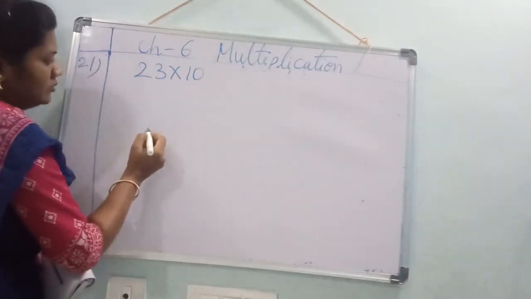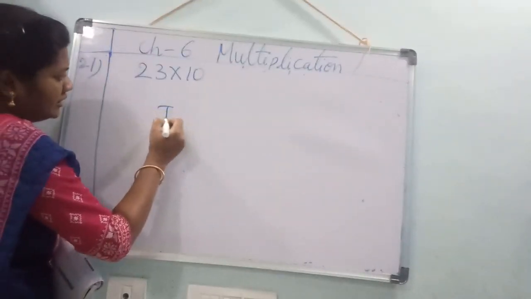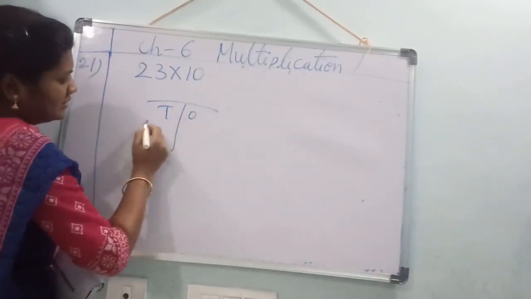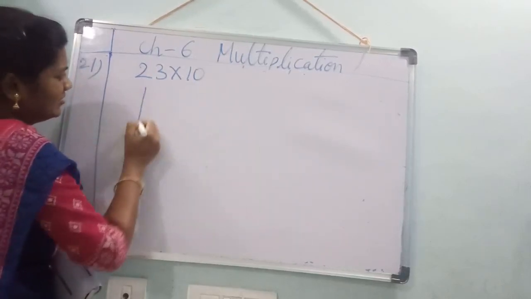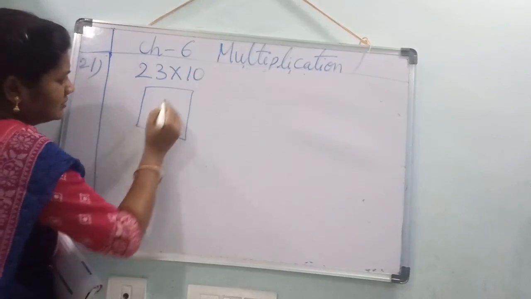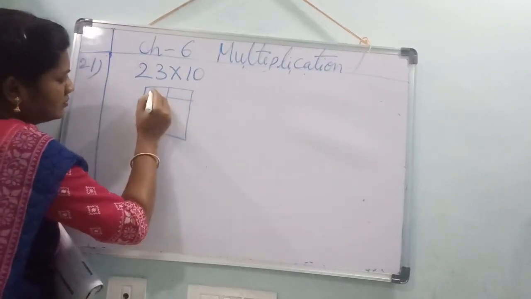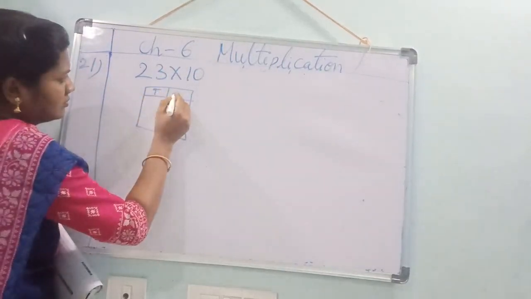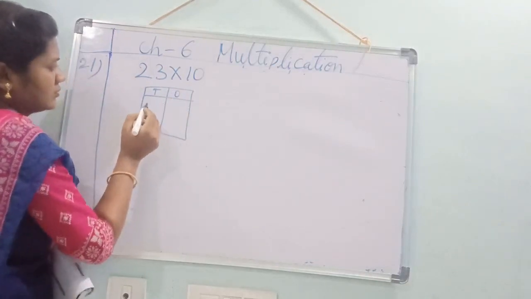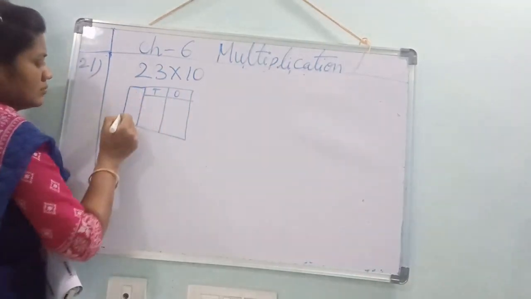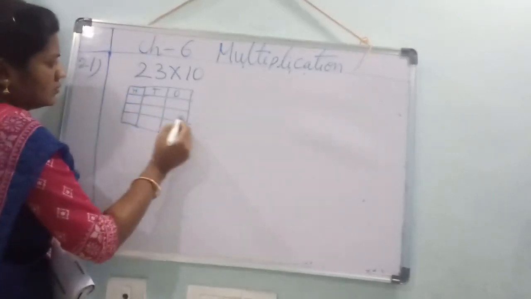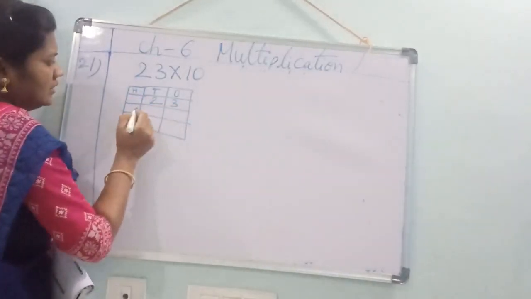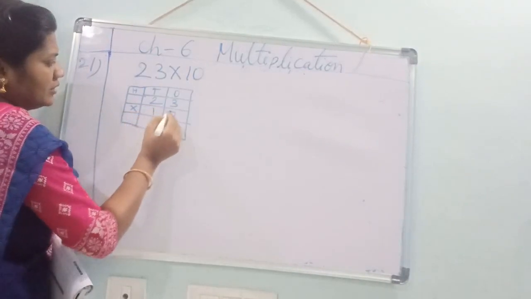What you have to do? Tens place, ones place. Base value chart.